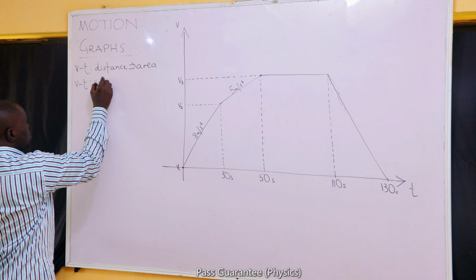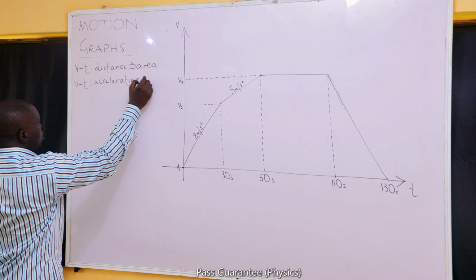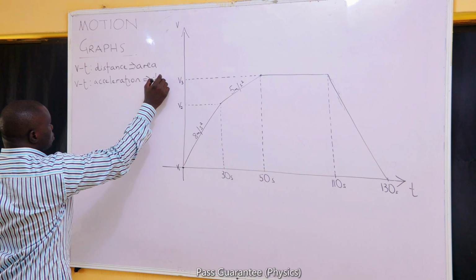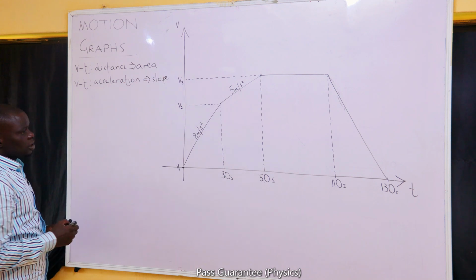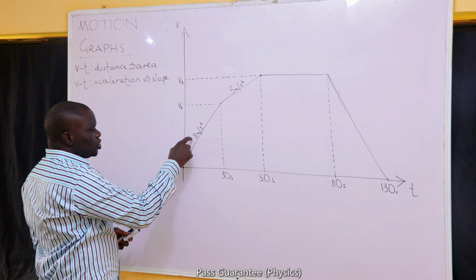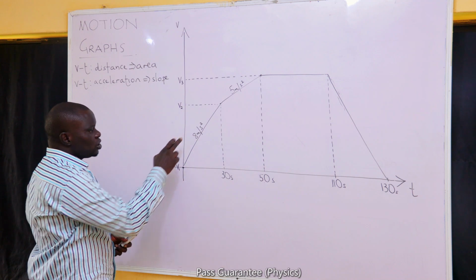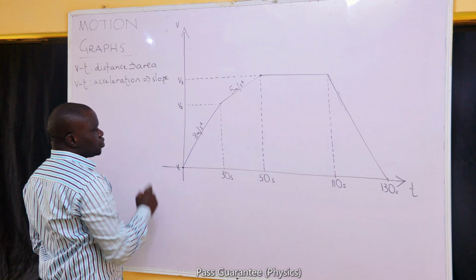Acceleration is the slope, knowing fully well that this acceleration has been obtained from the slope, I can use it to find V2.